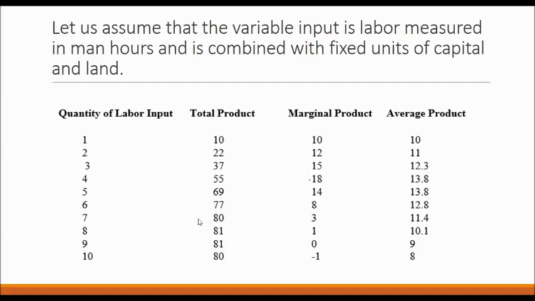And if you notice here, at the quantities of 7 and 8, it is still increasing. So the more labor, or the more hours required of the workers, the total product is also increasing.